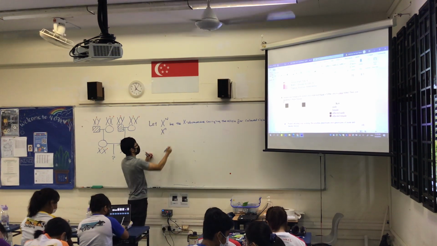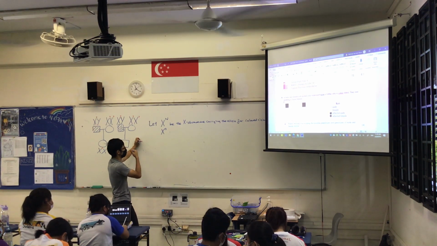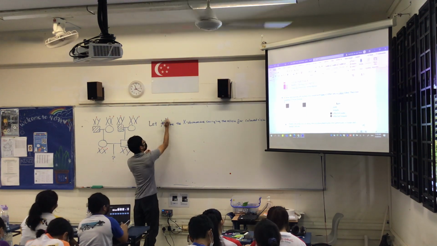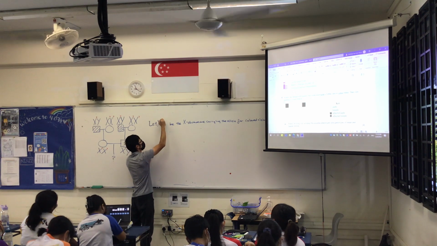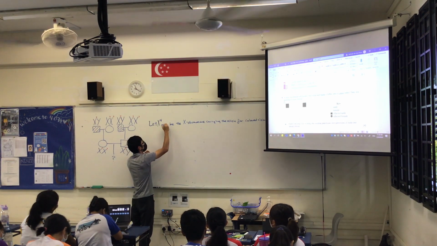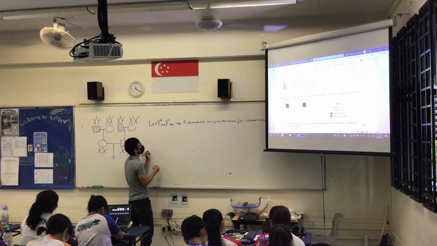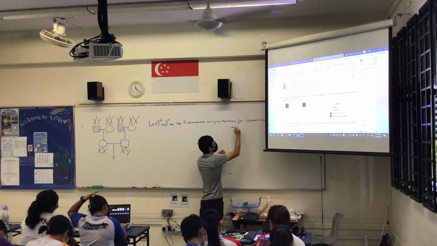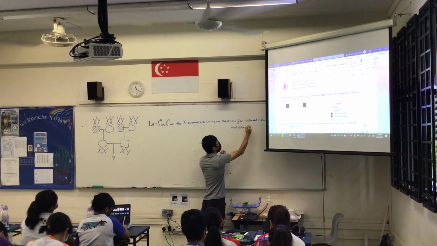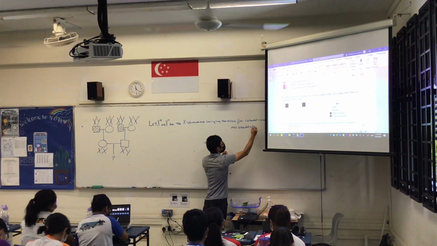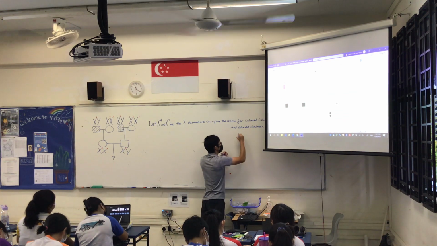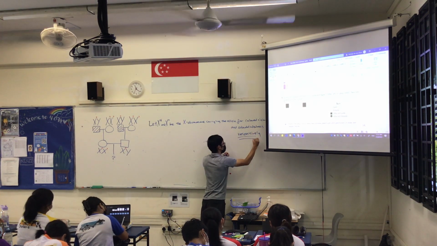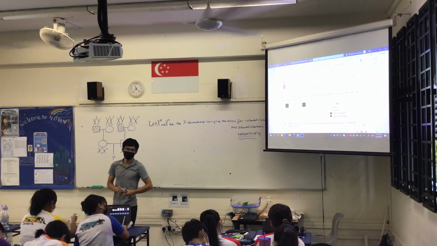Is that a shorter way to write this? Then Xn, that would be a shorter way to write.